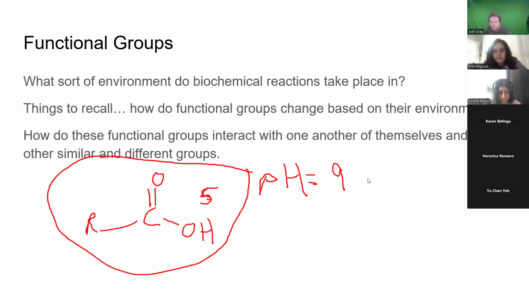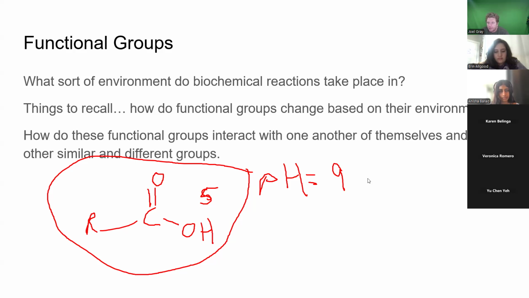Is the molecule that I have drawn and circled going to change at all? Yeah. Okay. Now, follow-up question. Does my pKa of that molecule change at all? Add a Y or an N to the chat. Does my pKa change?